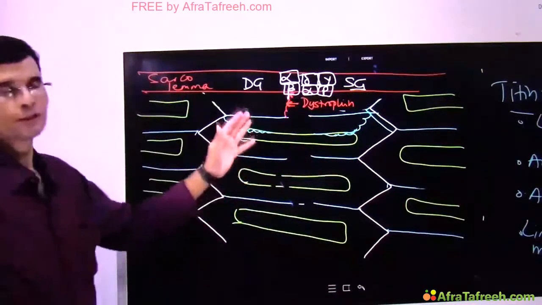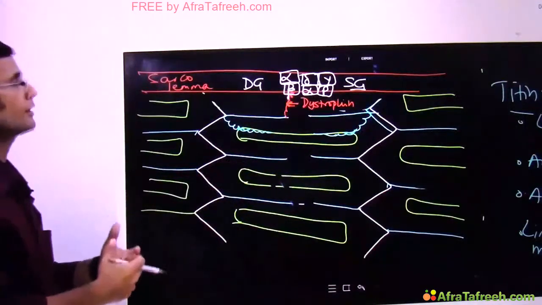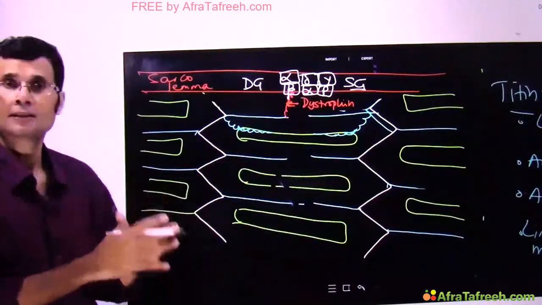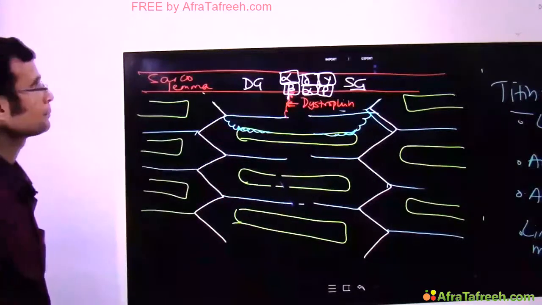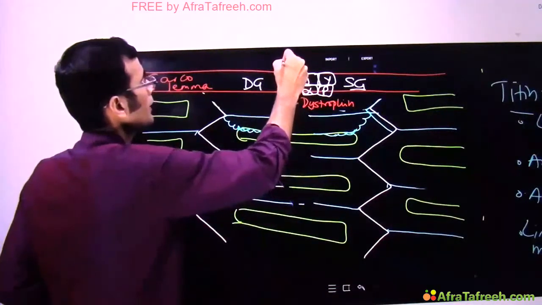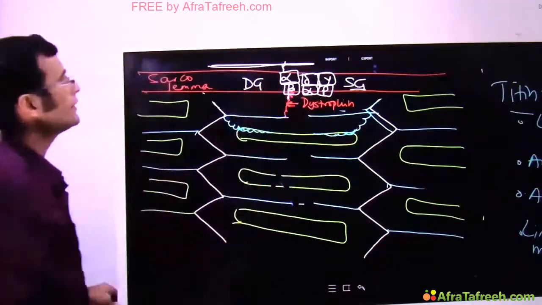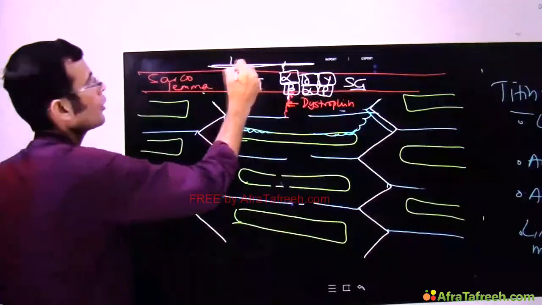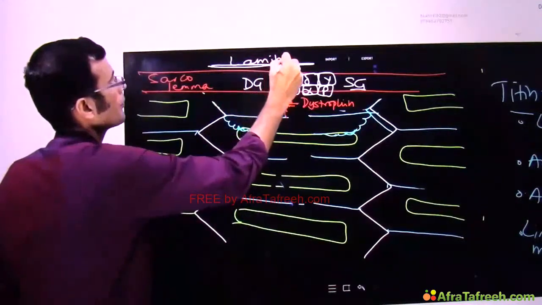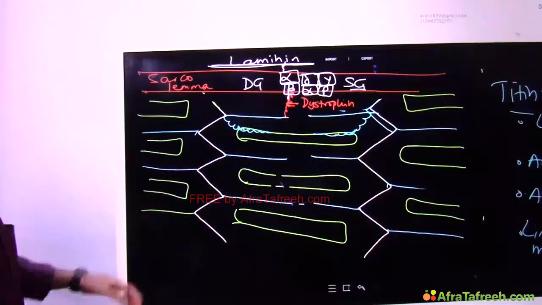Dystrophin therefore is associated with 6 subunits in the sarcolemma. Alpha dystroglycan in turn is linked to an ECM protein called laminin. Laminin is the extracellular matrix protein.